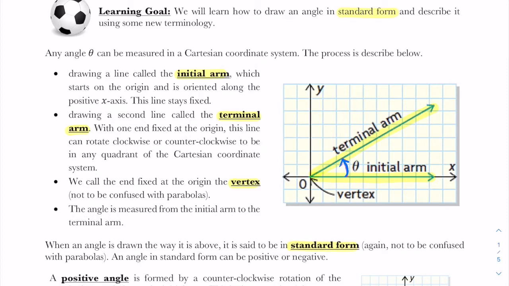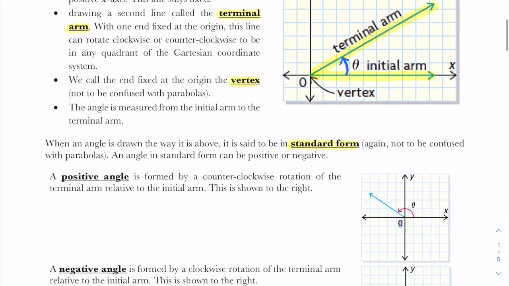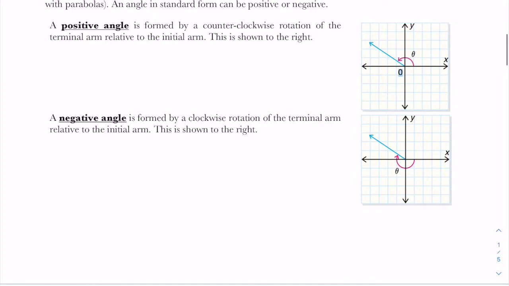And moving on, we recognize that an angle in standard form can be either positive or negative. By convention, positive angles are formed whenever we rotate the terminal arm counterclockwise relative to the initial arm.